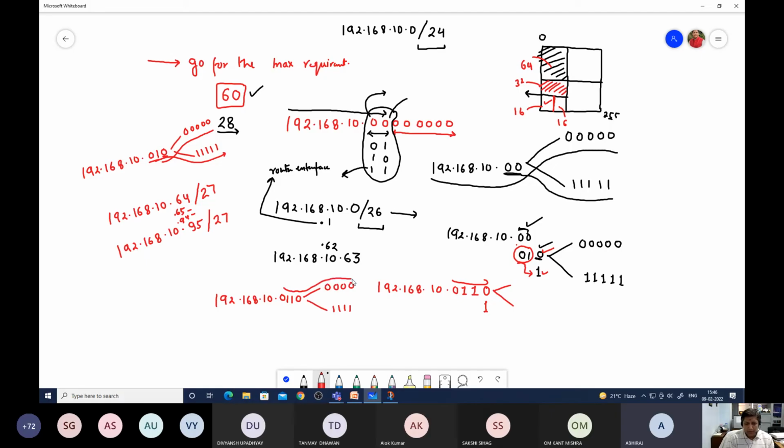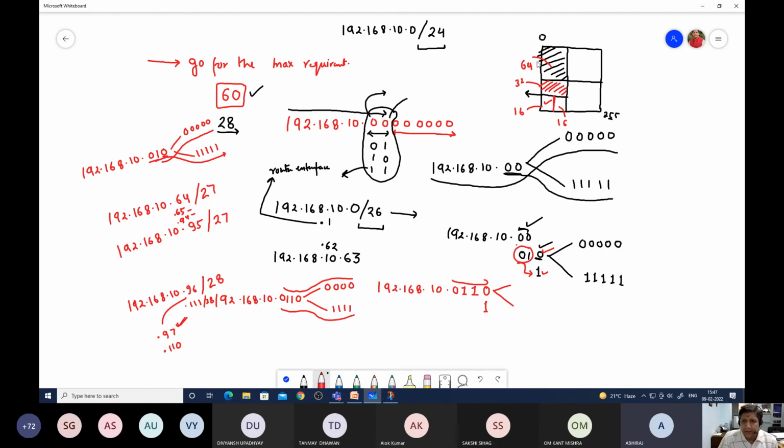What is this number? 96. So our subnet ID would be 192.168.10.96/28. Broadcast ID would be, what? 1111. Broadcast ID /28, and the usable IP addresses are .97 to .110, and .97 will be assigned to the router interface.